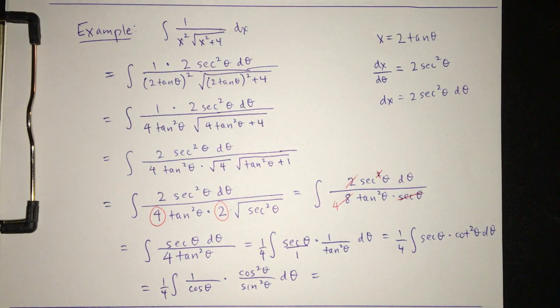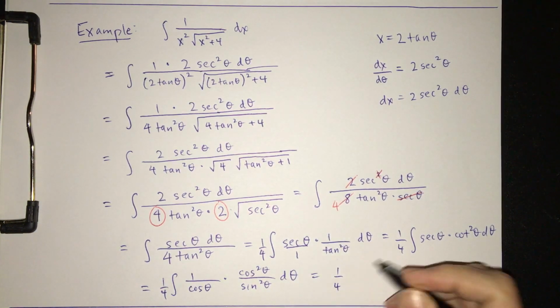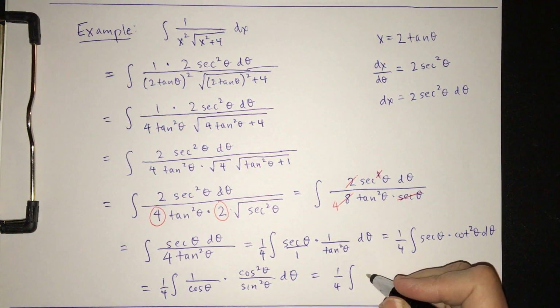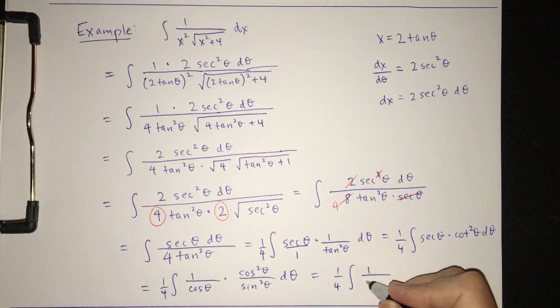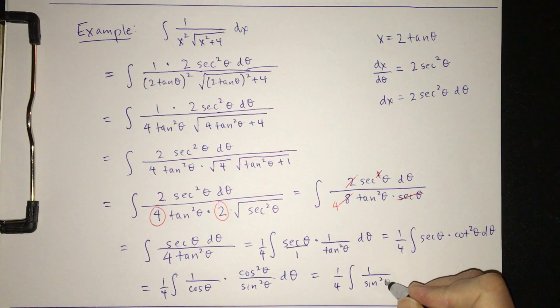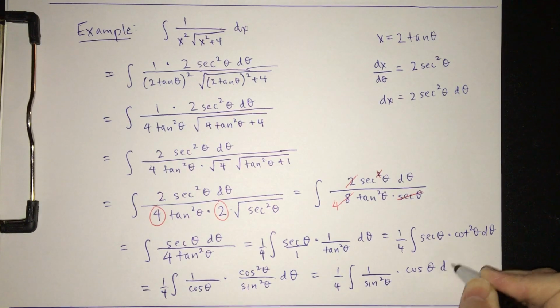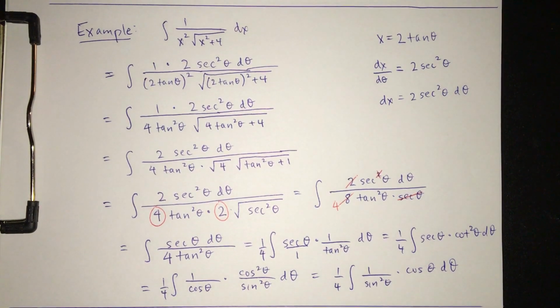So I will end up with 1/4 times the integral of 1 over sine squared theta times cosine theta d theta.